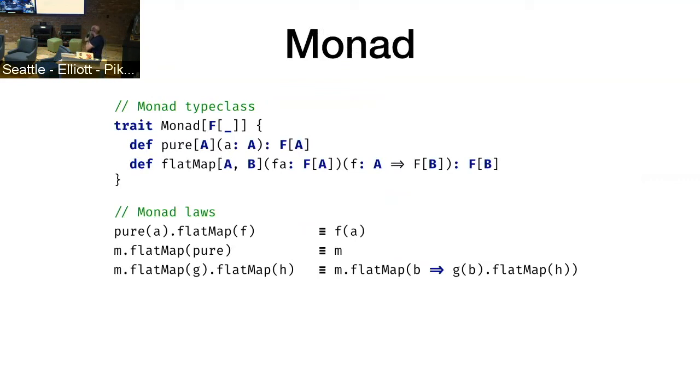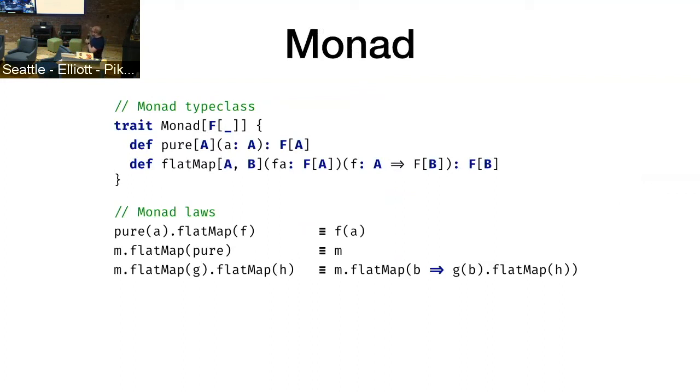Now, an important point is that unlike the rules for function composition that are necessarily true just based on the type, that's not the case in general for the monad laws. They are a requirement. They're not necessarily true. So when we implement monad, you can't just satisfy the type and call it good.